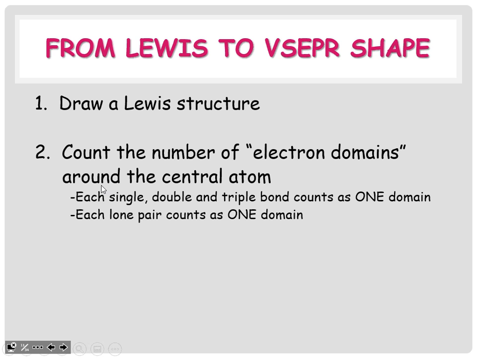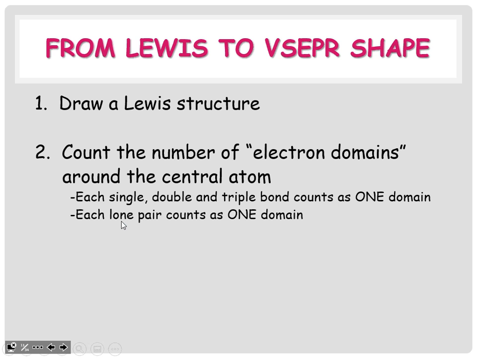So when we're counting domains, we only worry about the domains around the central atom, not any other ones, because, as we'll see here in a little bit, on the one we just had before that had carbon and chlorine, each of the chlorines had a bunch of lone pairs of electrons. Each chlorine had 3 lone pairs of electrons. However, those don't count because that wasn't the central atom.